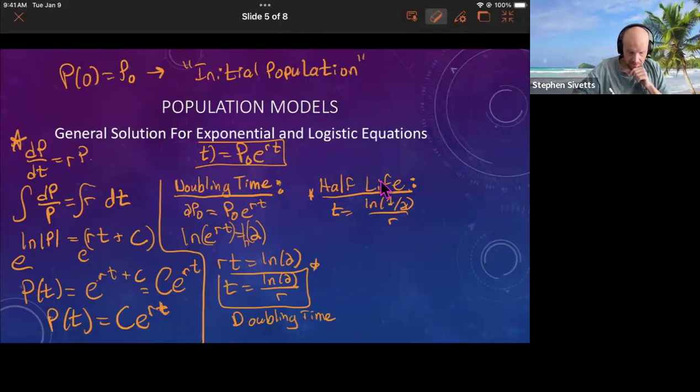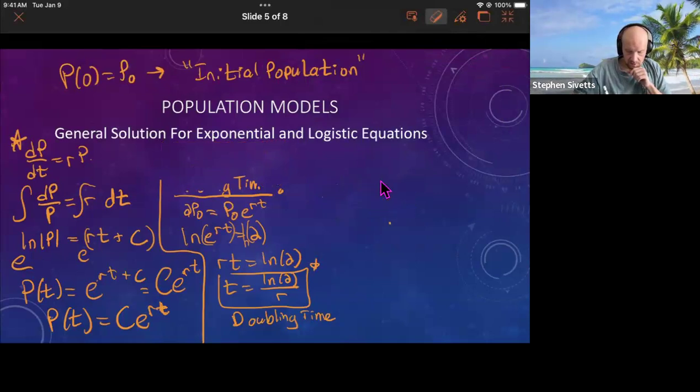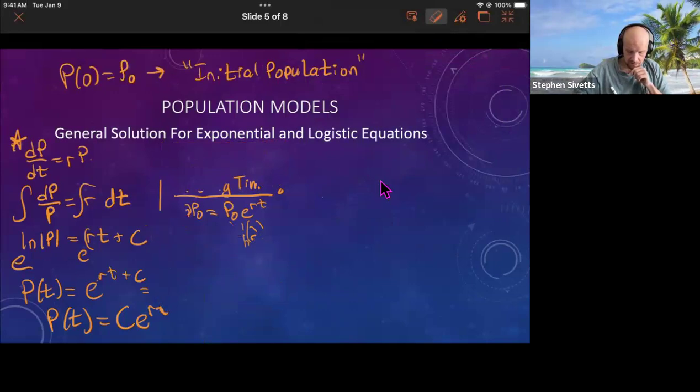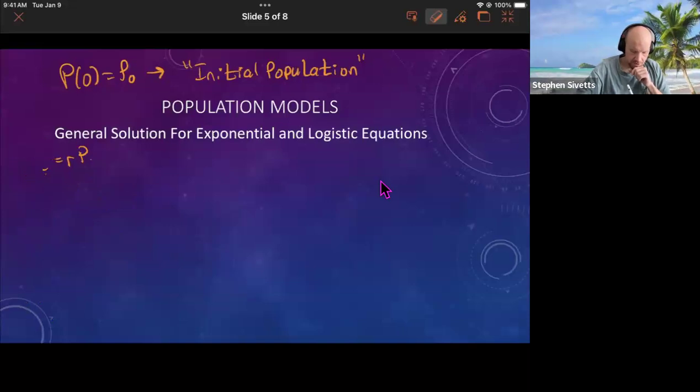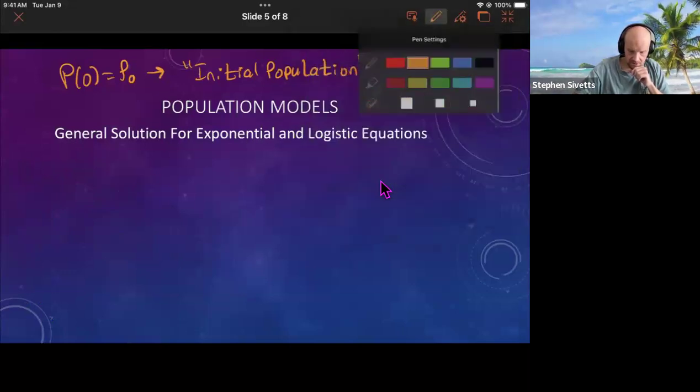All right. And what's really going to be exciting is the logistic equation. So I want to talk about that for a bit. So algebraically, I want to talk about figuring out the general solution and particular solution of the logistic differential equation.